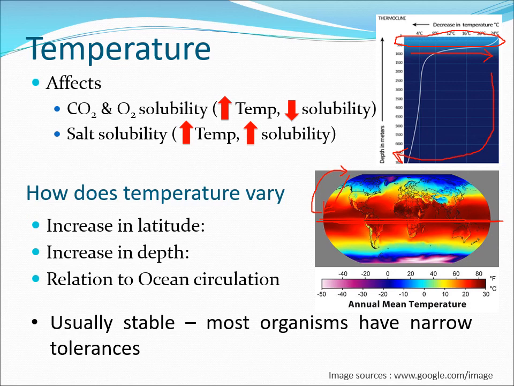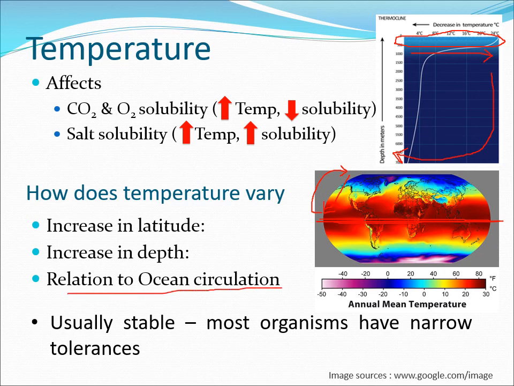That is why the equatorial region neither becomes too hot to sustain life, and at the same time the polar region does not become too cold to sustain life. That is because of this ocean circulation.